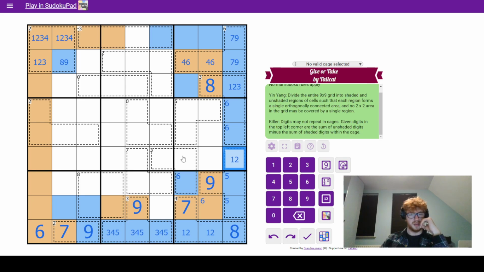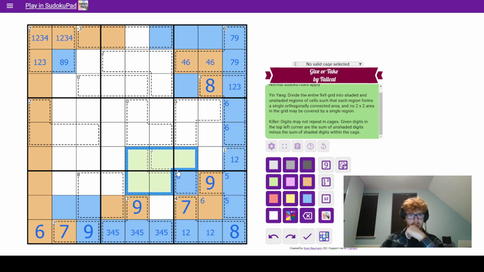So basically what I said is you can't have 2 oranges, so it's 2 blues and an orange. And this is also 2 blues and an orange. So in this thing, there's 2 oranges and 3 blues.